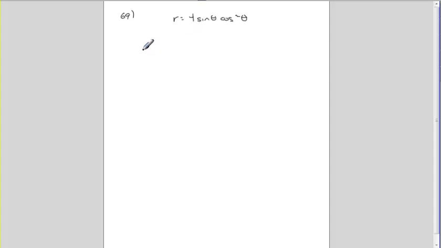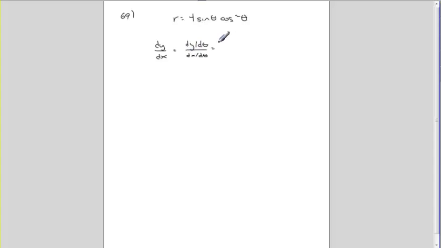When you're in polar coordinates and you want to find the slope of the line, if you go to theorem 10.11 on page 733, you find that dy/dx is dy/dθ divided by dx/dθ.